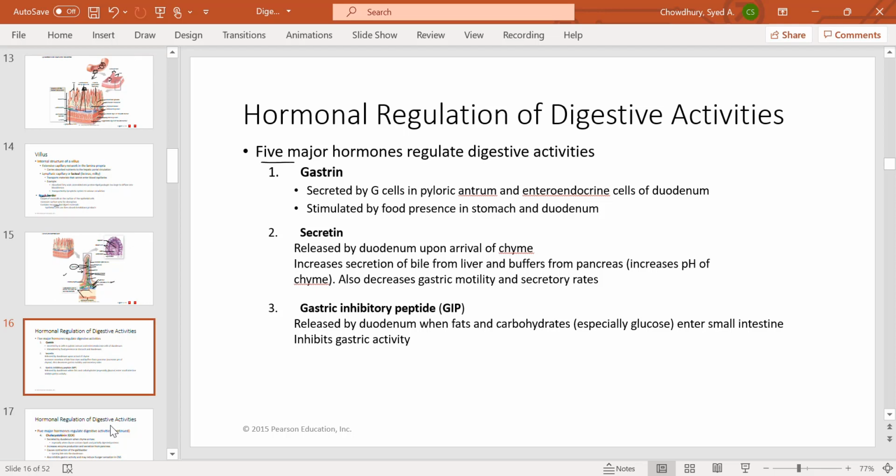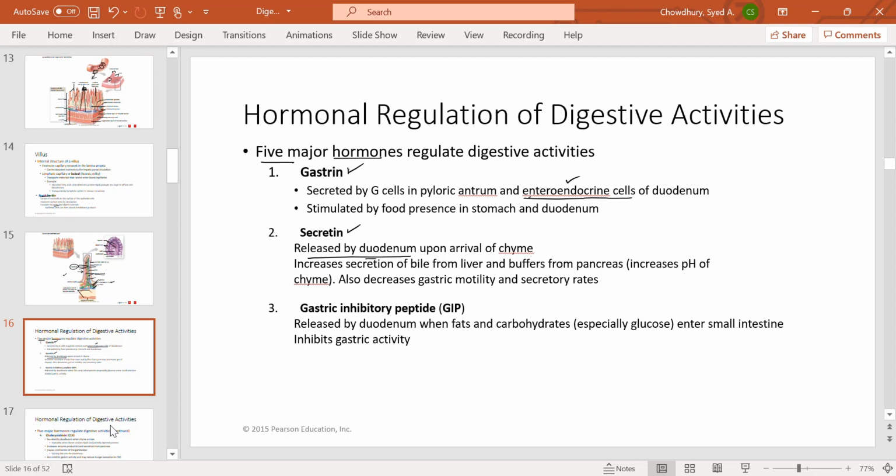Five major hormones regulate the digestive activities. You need to just remember the names. One I mentioned before, enteroendocrine cells in the stomach secrete gastrin, right? These cells are also called G cells. And another hormone is secreted from the duodenum.